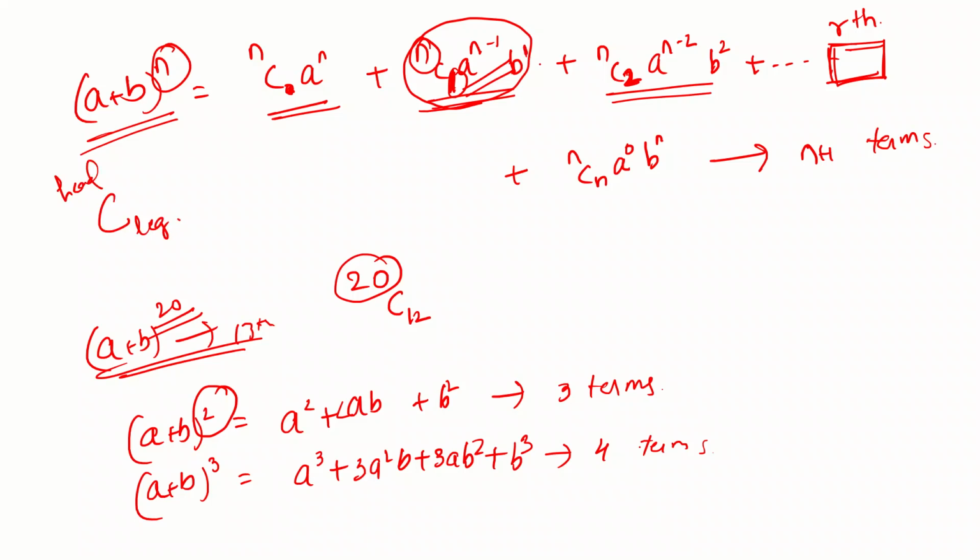See, this is the power of 1, this is the power of 2, which is the same as this 2. Here it is the power of n, which is the same as this n, and the power of A is head minus leg. So here I'll have A to the power of head minus leg, B to the power of leg. This will be my 13th term. So you see, that's just the patterns that you need to observe.